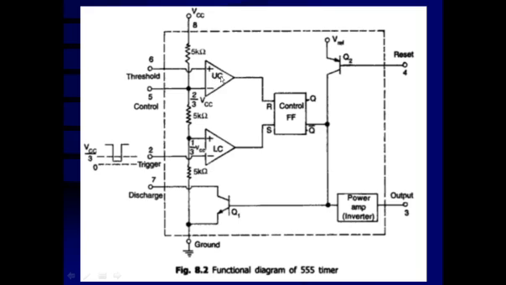So, the output of the upper comparator is also 0. It means R is equal to 0, S is equal to 0, a no change condition, and normally the flip-flop is in a stable state with Q equal to 0 and Q bar equal to 1. That means the output is inverted and output pin number 3 is low. So, that is the very stable state.